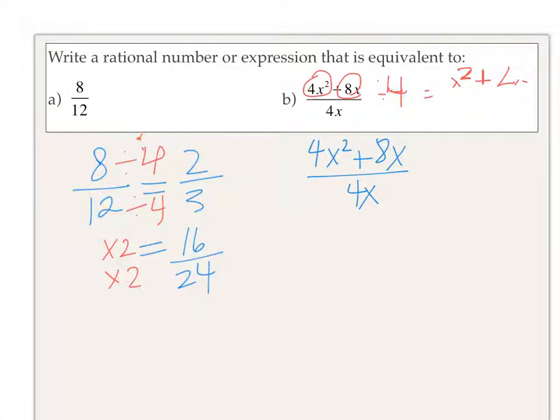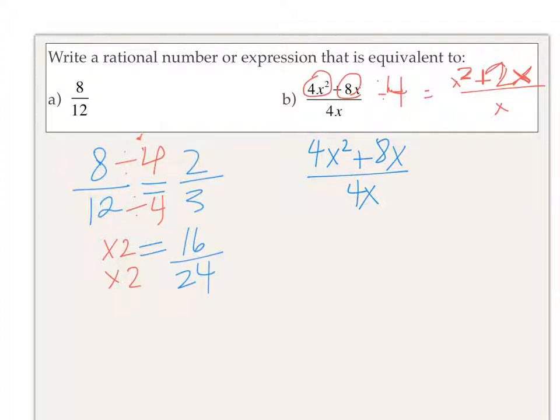Such a tragedy. Okay, 2x. Still pretty bad. I think when it gets low batteries, it starts to really suck. Okay, x squared over 2x, and on the bottom, 4x divided by 4 is x. So that would be an equivalent expression.